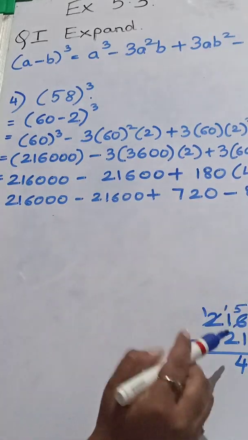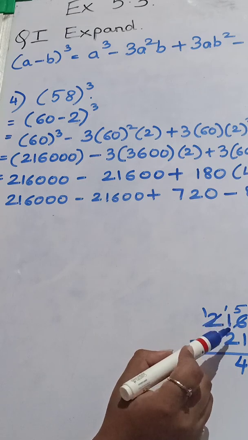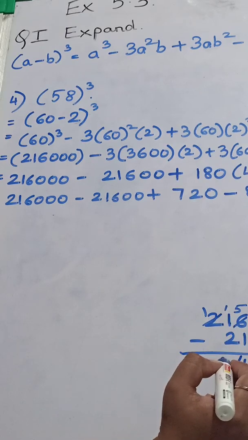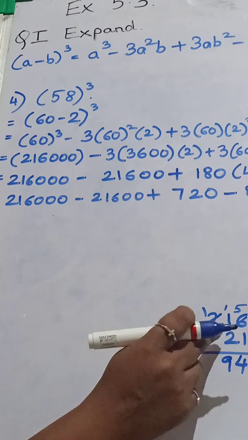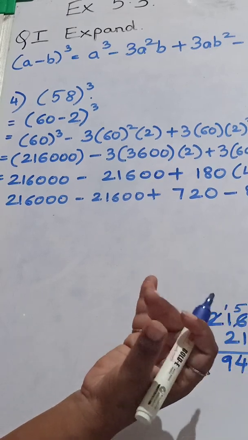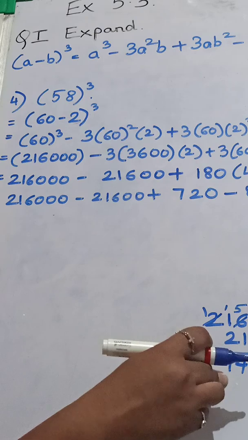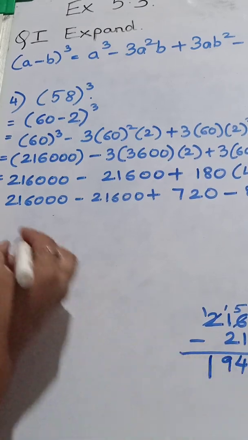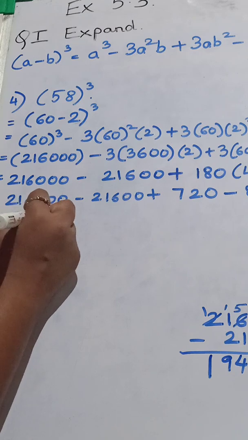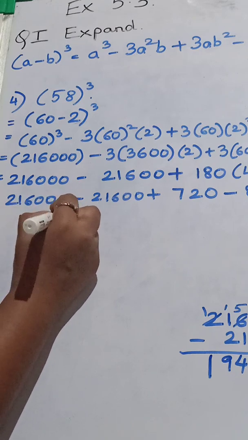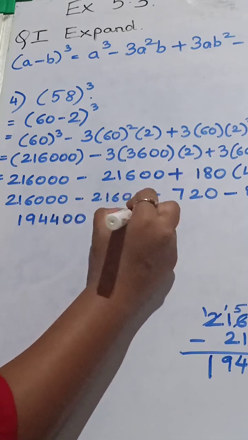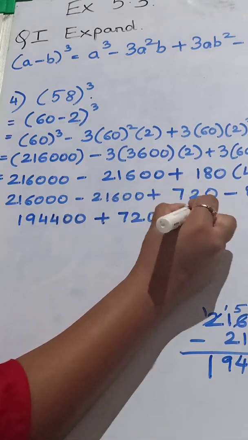We'll take here 1, 11. So 2, 11 minus 2, that is a, gives us 9. Okay, it's 2, 3, 4, 5, 6, 7, 8, 9. 10, 11, that is 9, and 1 will be as it is. So here we are getting answer as 194,400 plus 720 minus 8.